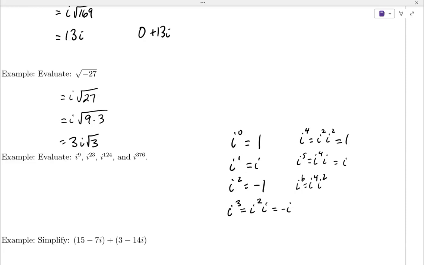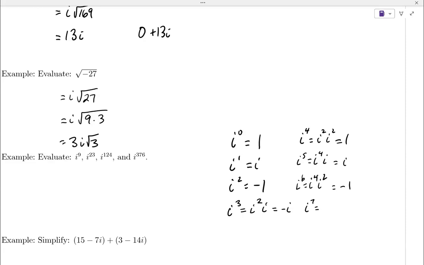You told me i to the 4th was equal to 1, and i squared is equal to -1. So we end up with -1. Looking at these two columns, the first column was 1, i, -1, -i. This next column is 1, i, -1. Any guesses on what this is going to be? -i. Yeah, there's a pattern, right?